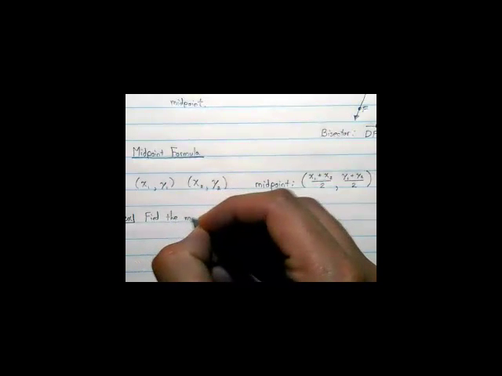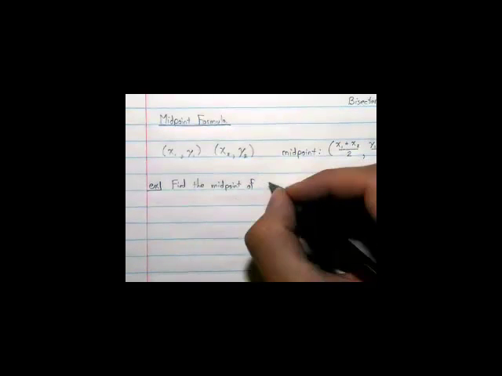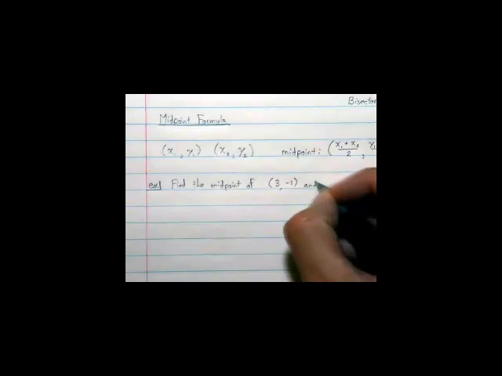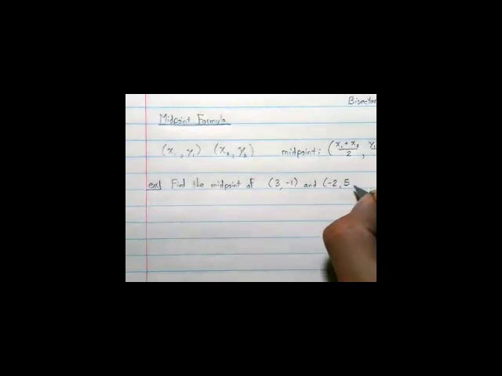Okay, so find the midpoint of (3, -1) and (-2, 5).